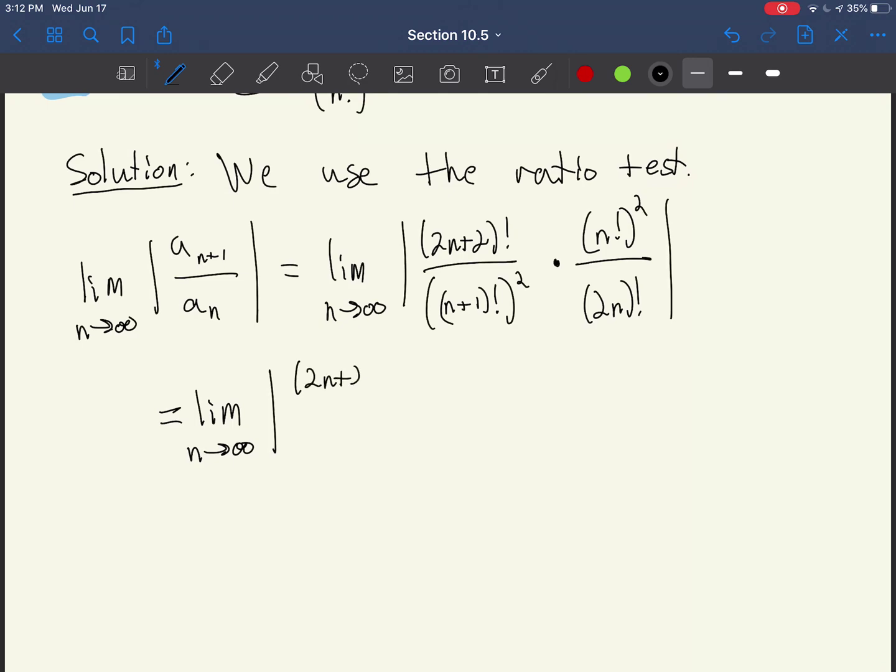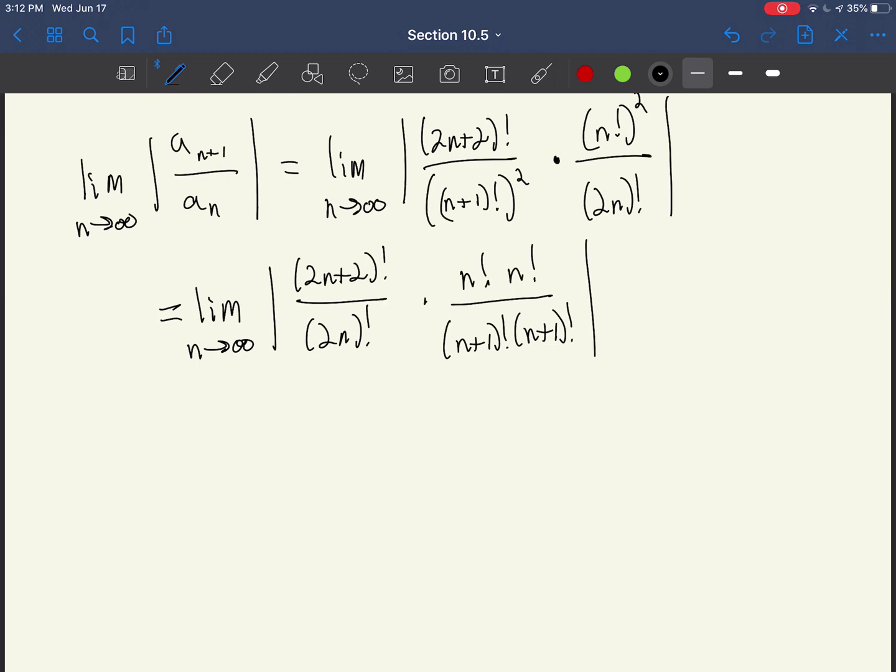So first off, group the like terms. We have 2n plus 2 factorial divided by 2n factorial. And then we have n factorial squared, which I'll write as n factorial times n factorial, divided by n plus 1 factorial times n plus 1 factorial. Start to break up what these factorials mean.